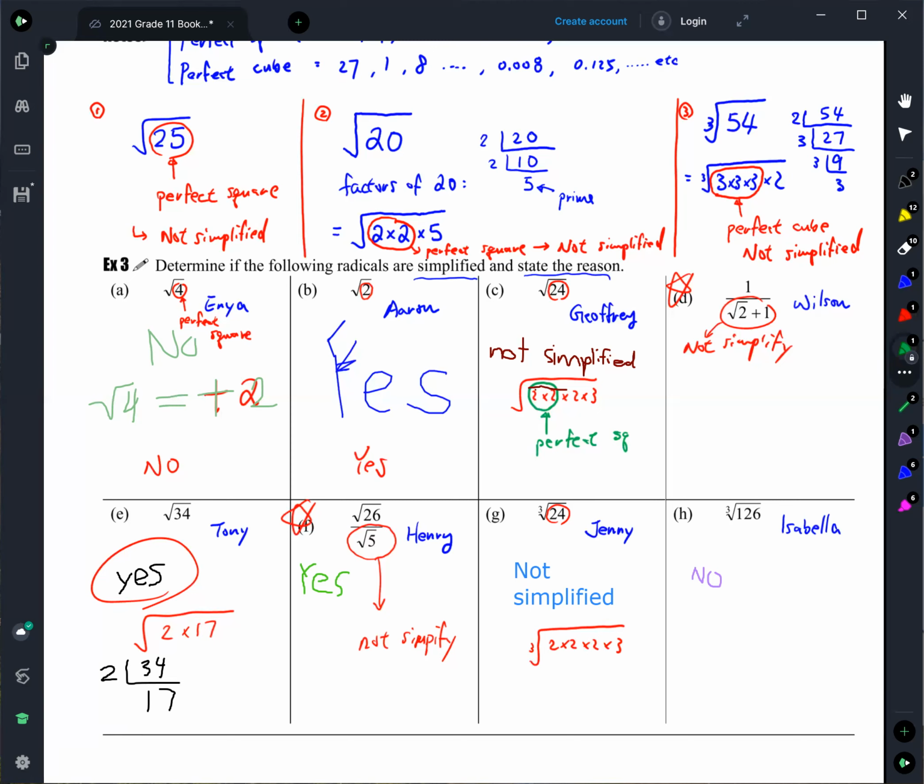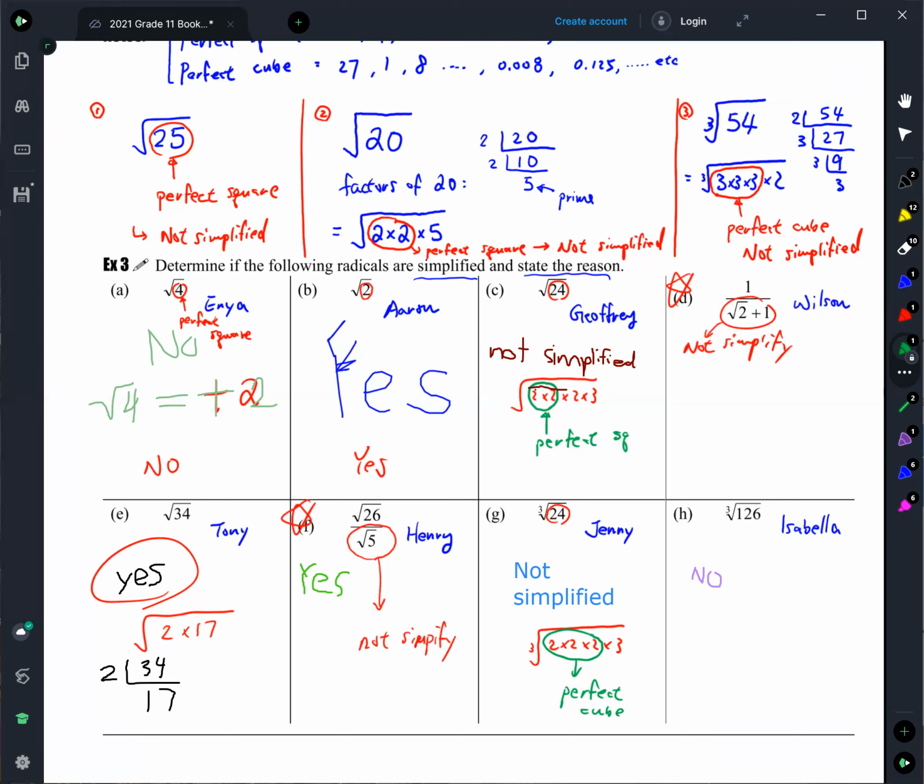Because there are three 2s. Very good, 3 2s, that makes it a perfect what? A perfect cube. Yes, okay. If you can find the perfect cube inside, then it's not simplified.